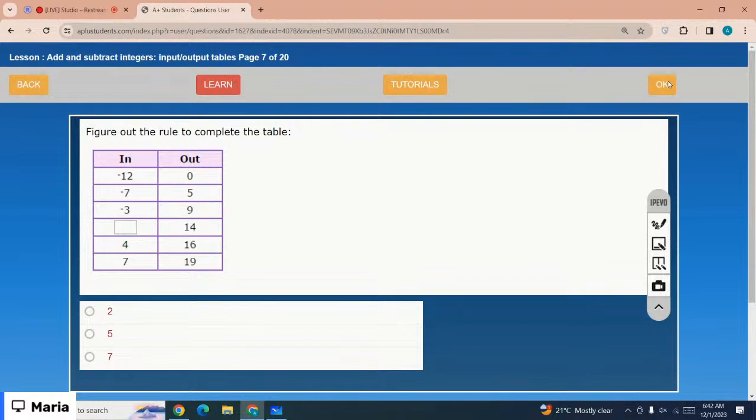The rule is you have to add 12, right? So then the missing value is 2. Because negative 12 plus 12 is 0, right? Negative 7 plus 12 is 5. So that would be the missing value 2, right?